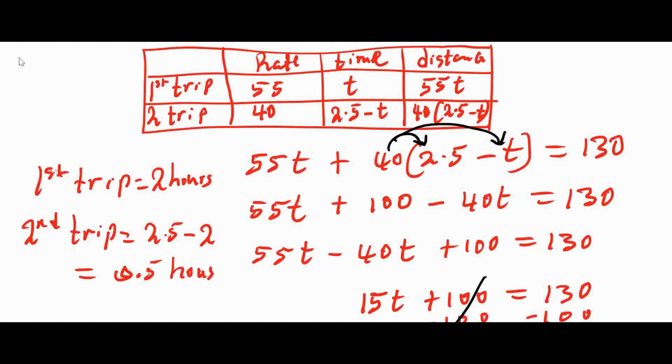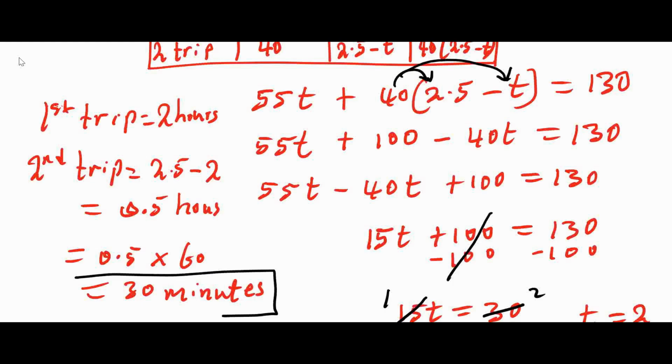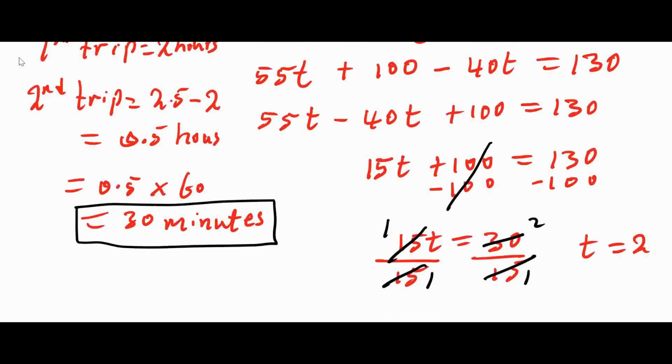We can simply convert this to minutes by multiplying by 60. So 0.5 times 60 is 30 minutes. Now, this is the answer to the question. You can either use 30 minutes or half an hour.